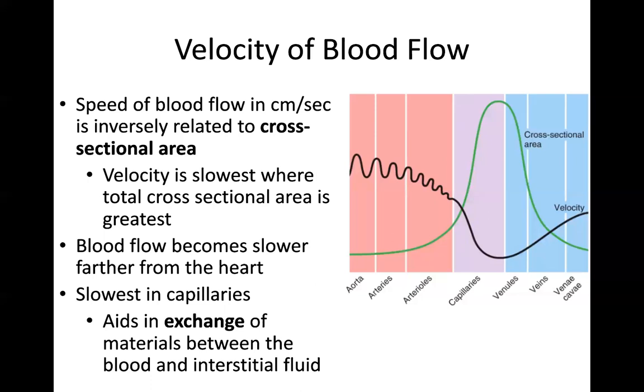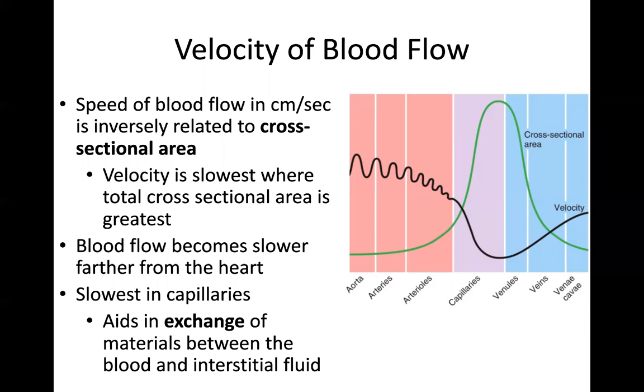Our next hemodynamic factor is the velocity of blood flow. When I'm talking about velocity of blood flow, I'm talking about the speed at which the blood is flowing through our various arteries, capillaries, and veins. What we see is another one of those inverse relationships, which states that the speed of blood flow in centimeters per second is inversely related to the cross-sectional area, or in other words, the amount of blood vessels.